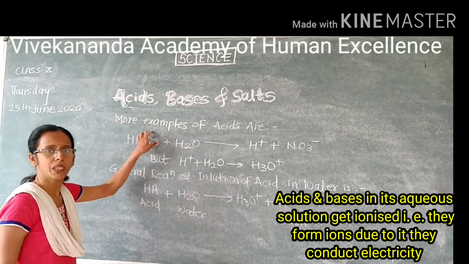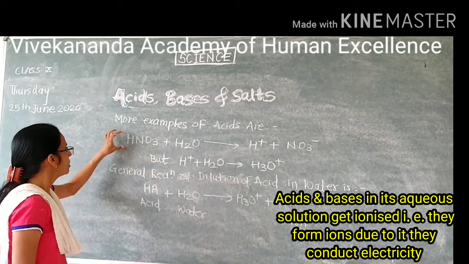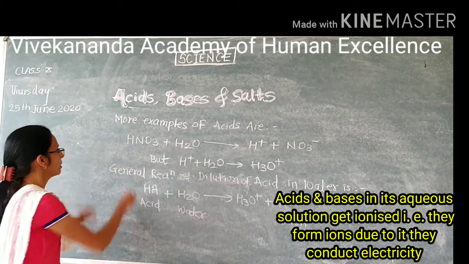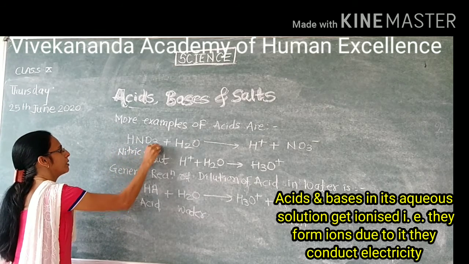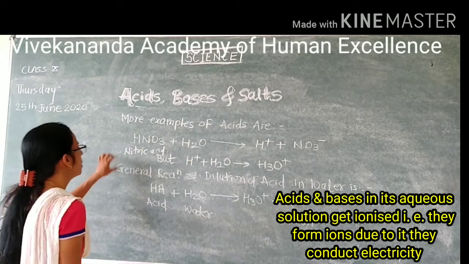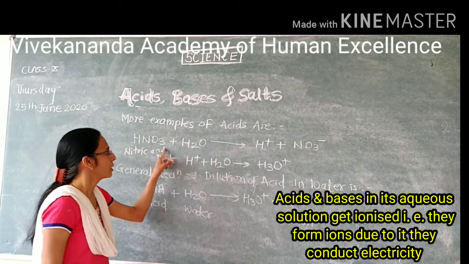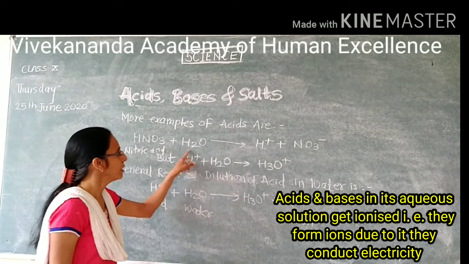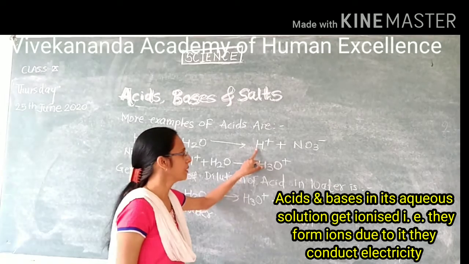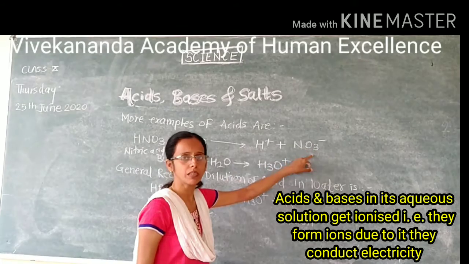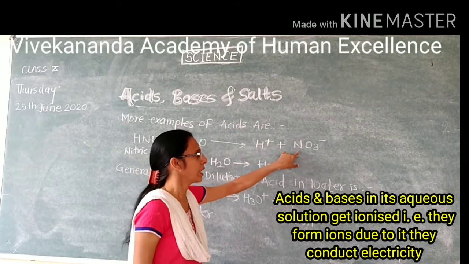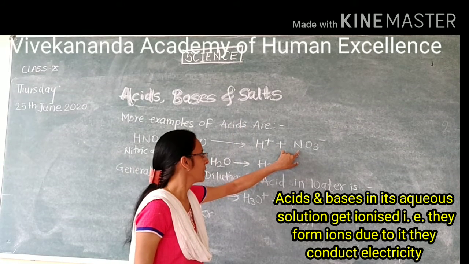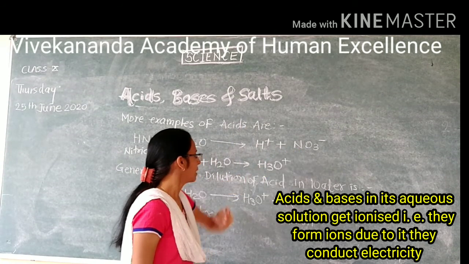Some more examples of acids are HNO3, that is nitric acid. Nitric acid on dilution with water releases H plus ions and NO3 minus ion. H plus is the positive ion, and NO3 minus is the nitrate ion.